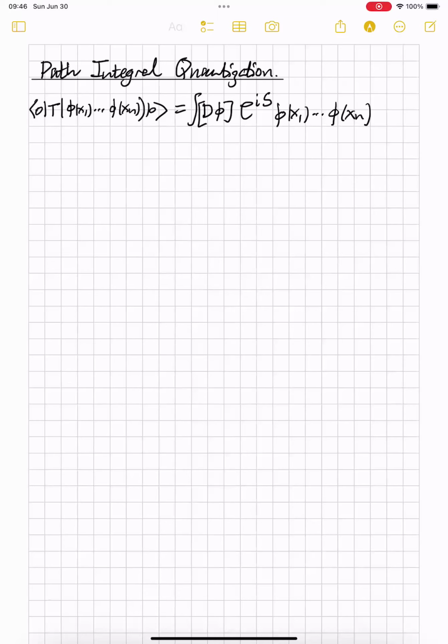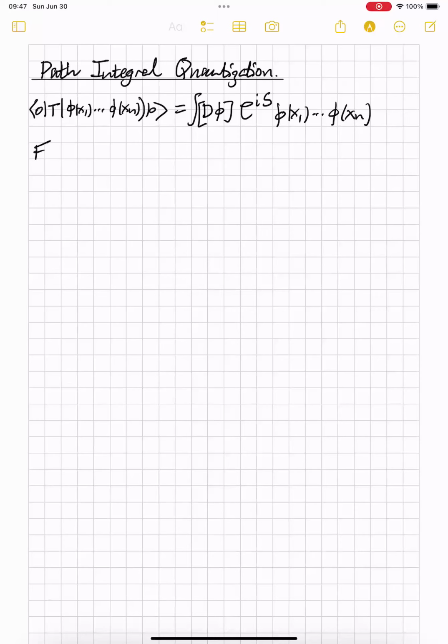And I want to start telling you what actually the path integral quantization is. So first of all, let's come back to the expression that you know for the time-ordered correlator. If you look at the left-hand side of this equation, and I ask you to tell me, what's the framework that you're using to do calculations?